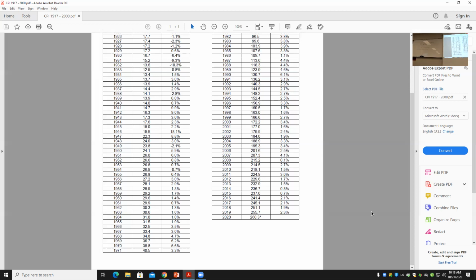So, better off or worse off? Better. Now you got it. That's exactly right. Yes, you got it. That is correct. Now, you want to come from here to here. Better off or worse off?